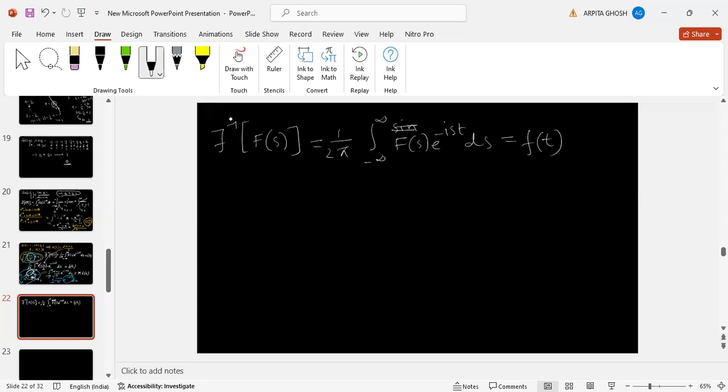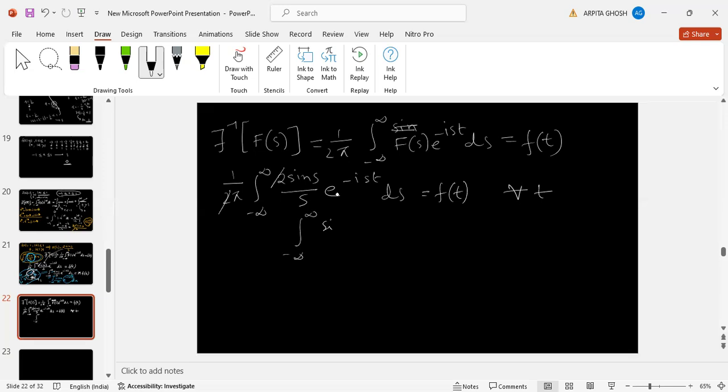That means 1 by 2 pi minus infinity to plus infinity, capital F s was 2 sin s divided by s multiplied by e to the power minus ist ds. This is equal to ft. This is valid for all t. This is true for all t between minus infinity and plus infinity. So if we cancel out these two, we get minus infinity to plus infinity sin s by s e to the power minus ist ds, that is equal to pi into f of t for all real values of t.